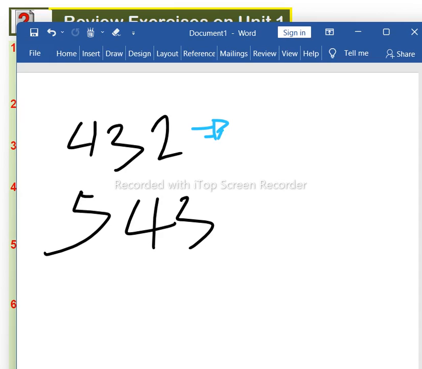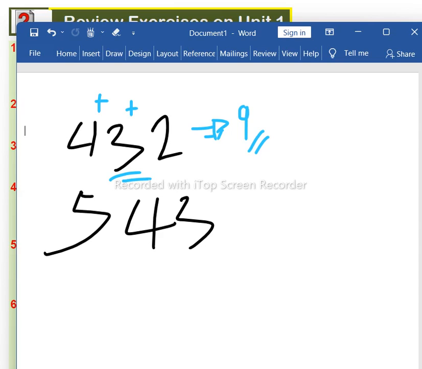For example, take 432: 4 plus 3 is 7, 7 plus 2 is 9. 9 is divisible by 3, so this number is divisible by 3 because the sum of its digits is divisible by 3.